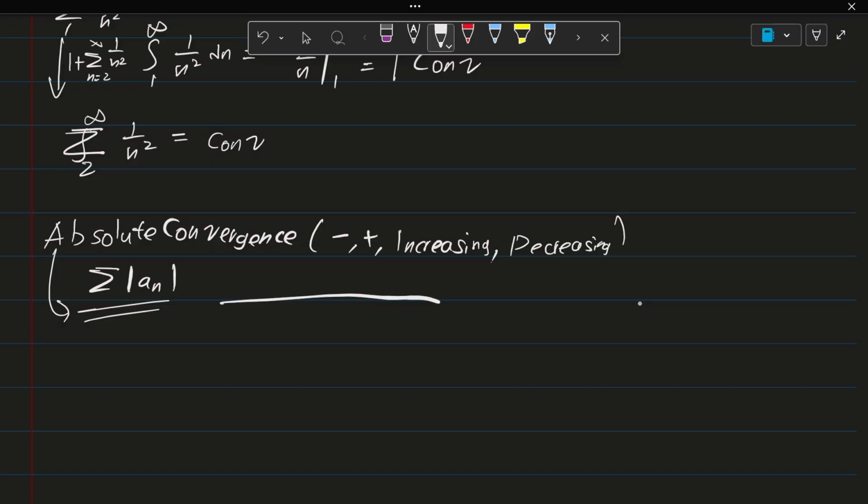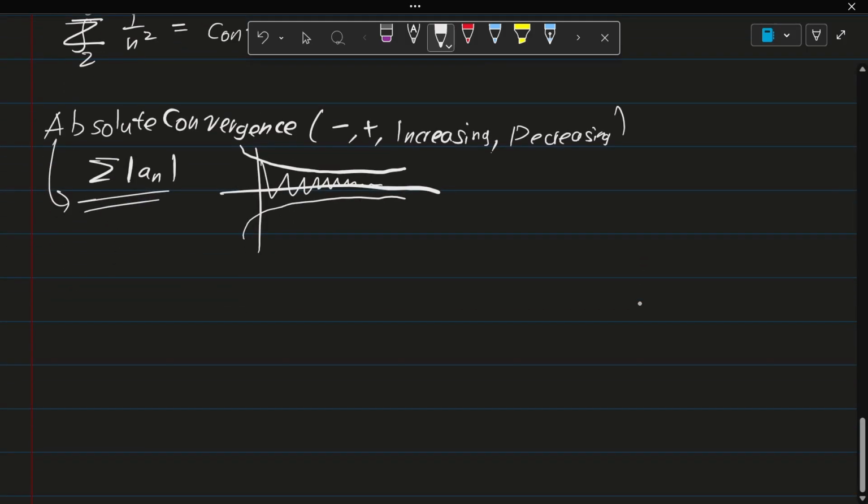If you have the graph here, and let's say we are doing the integral test, if the absolute convergence does something like this, you could actually do the negative and do the same thing. Because of the plus and minus, your series will always be in between these regions, meaning that your infinite series will be bounded between these two extremes.